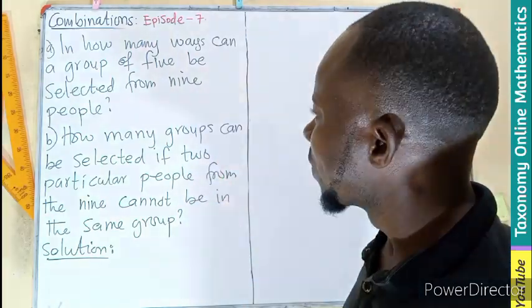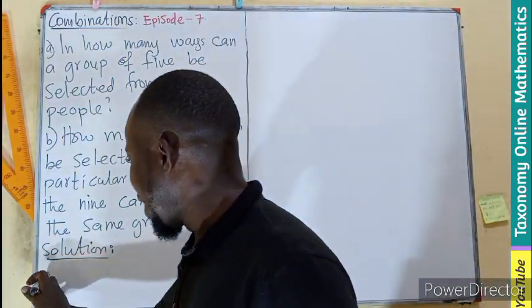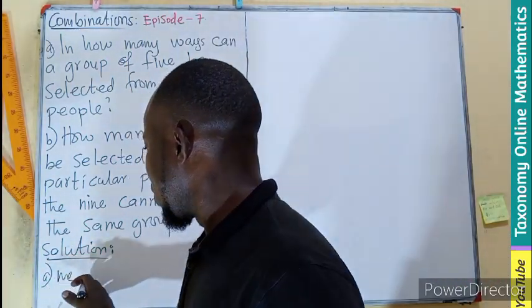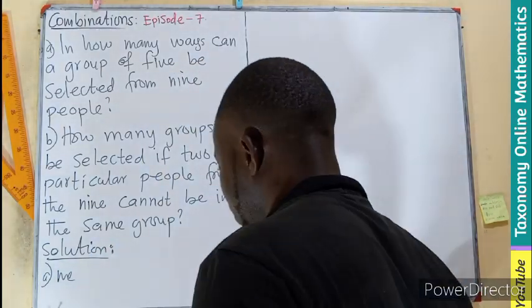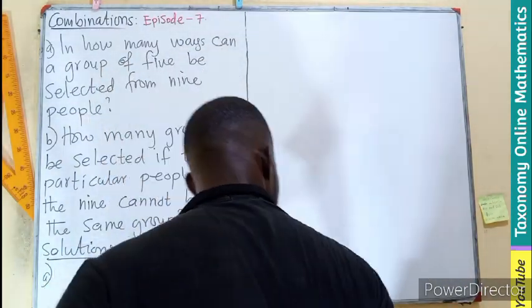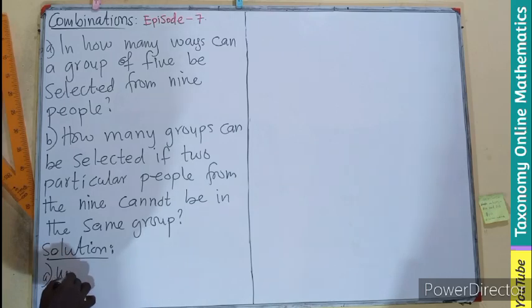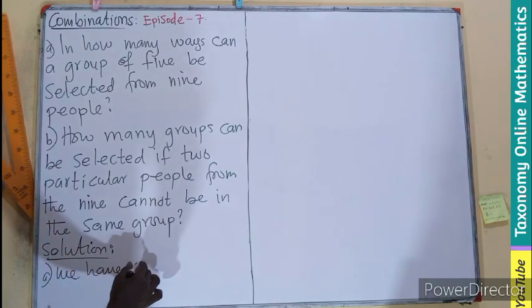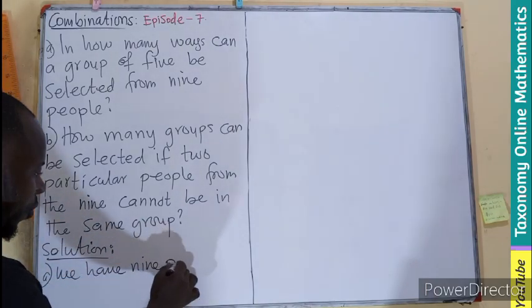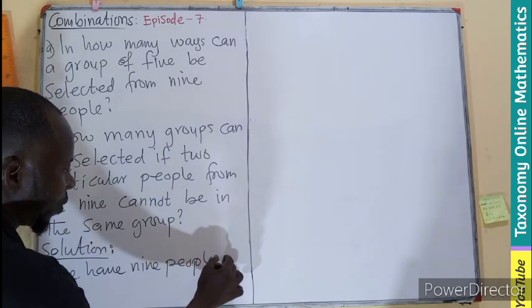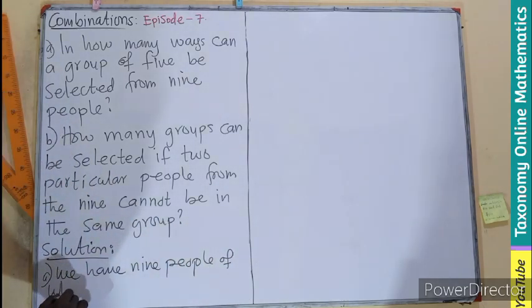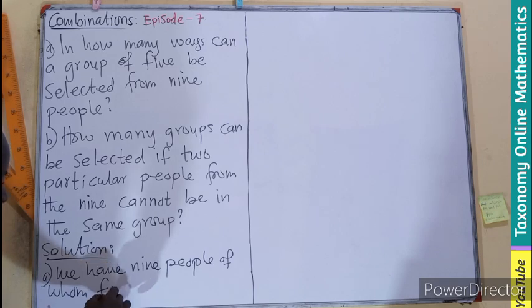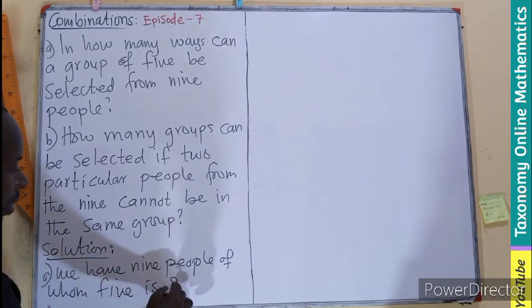This is combination. So for the first one, we have 9 people, of whom we are selecting 5.